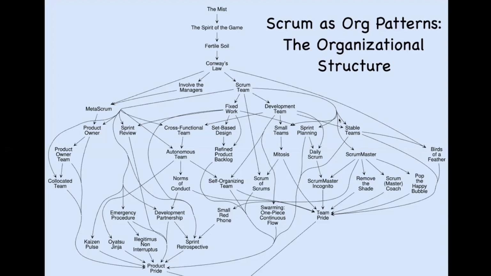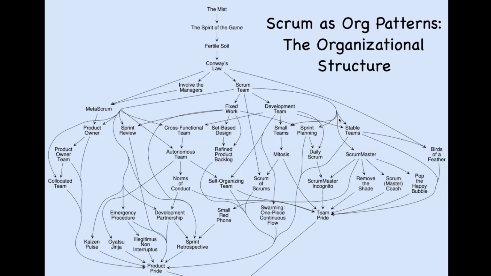Now, we structure these patterns in what we call a pattern language. So you can think of this as the pattern language for the organizational structure, and it's kind of a grammar. And it's a grammar where the sentences in the grammar are collections of patterns strung together. So the order in which you apply patterns matters. And this graph shows the precedence of what patterns have to come before what other patterns.